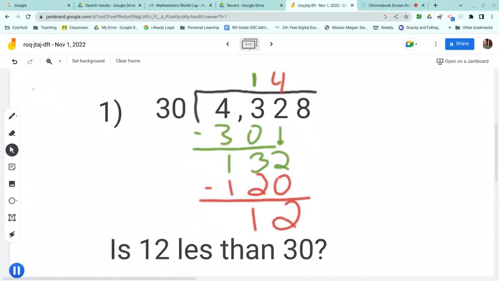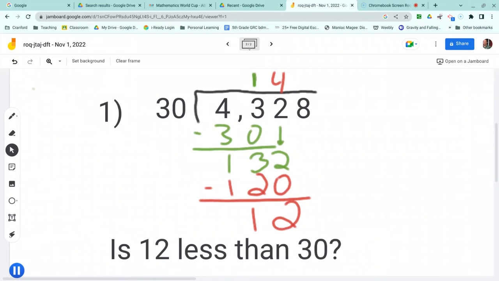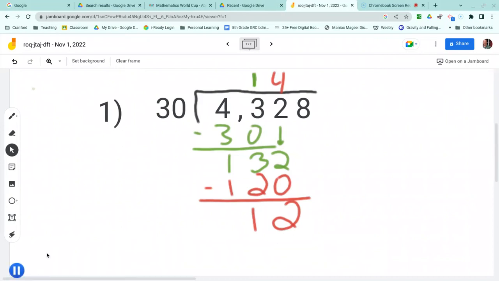Let me fix that. Is 12 less than 30? It is. Good. So I'm on the right track. So the next step now would be to bring down the 8, right? I'll bring down this 8. And I have to ask myself the same question. How many times does 30 go into 128?